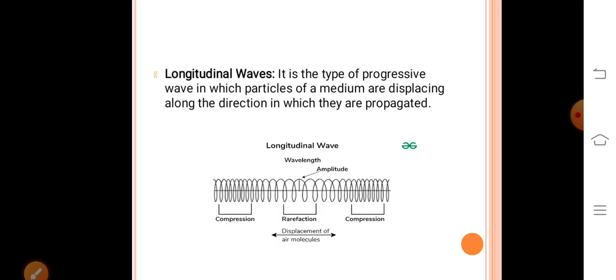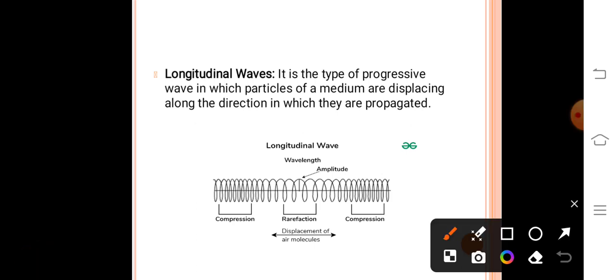Next is the longitudinal waves, in which the particles of the medium vibrate back and forth in the same direction in which the wave is moving. An example of the longitudinal wave is a spring. Waves can be produced which travel along a spring when it is pushed and pulled.